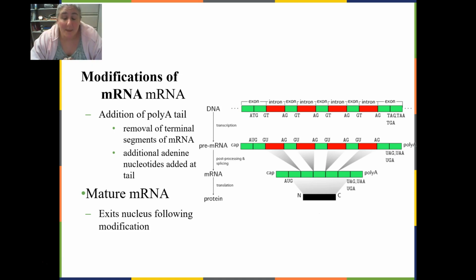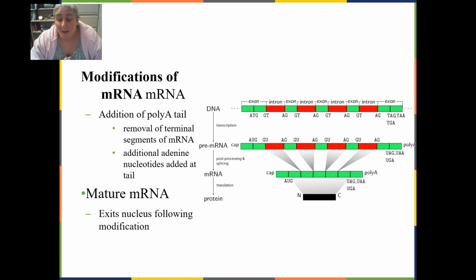The cap and the poly-A tail have important functions as well. The transcript that we've just produced has to leave the nucleus and enter the cytoplasm. In the cytoplasm, we have a lot of dangerous proteins that will break down any type of nucleic acid.